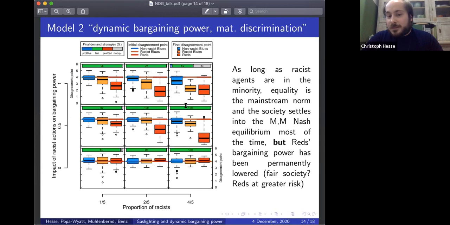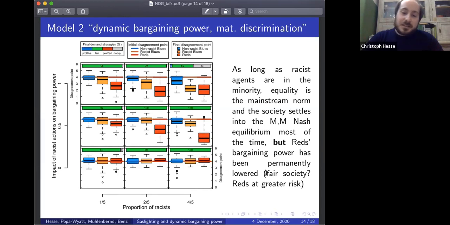So looking at the Nash equilibria is kind of misleading, because the Nash equilibrium is saying this is a fair society, but if we actually look at the bargaining power that the red agents have at the end of the simulation after they had racist interactions, we see that because most of the society, 80%, are racist, the jury doesn't even punish the racists as much as it does up here, and the red agents are still disadvantaged.